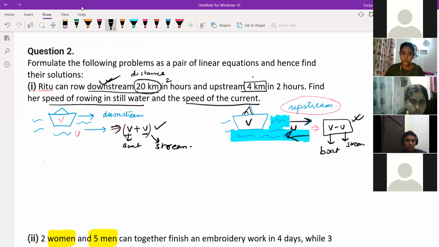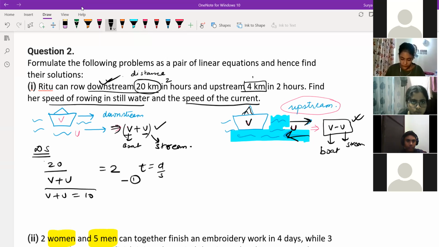So downstream 20 kilometers means time is 2 hours. What is the formula for time? Time is equal to distance by speed. Here we are talking about downstream, DS. So we can write 20 kilometers distance by speed, which in downstream is V plus U, right? So this is the first equation. V plus U is equal to 10.